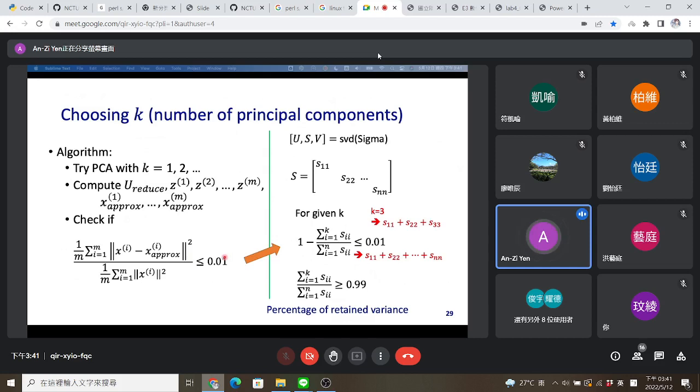If unfortunately k equals 2 cannot satisfy this condition, then we will do this again. So we would try k equals 3, try k equals 4, and so on until we get, like, k equals 20.